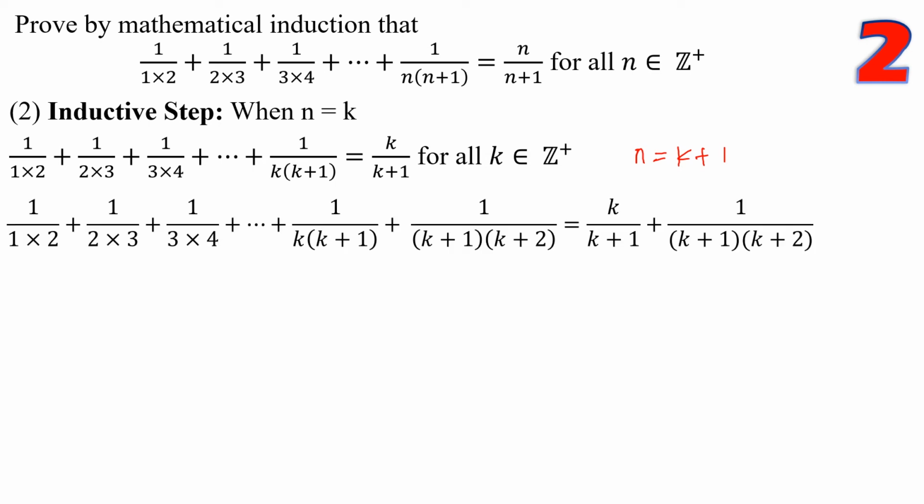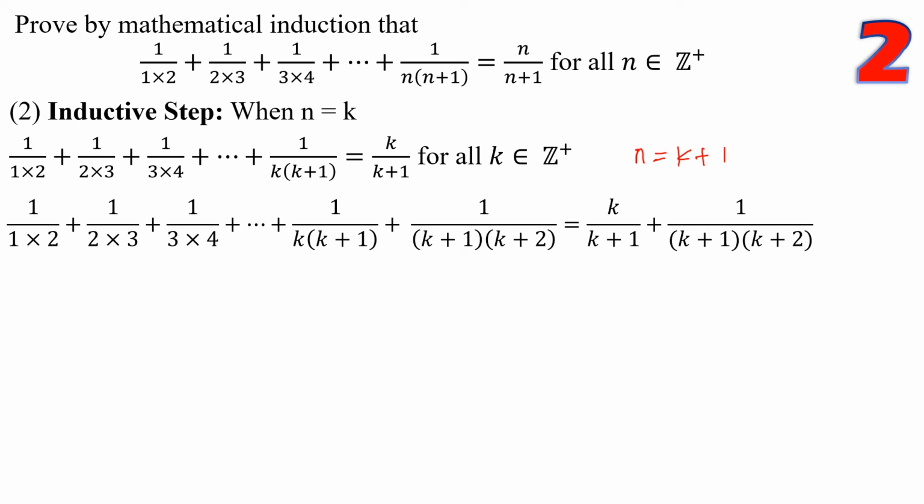So we have 1 over 1 times 2 plus 1 over 2 times 3 plus 1 over 3 times 4 plus ... plus 1 over k times k plus 1, and the next summand 1 over k plus 1 times k plus 2, that is when n is equal to k plus 1. We also add this summand to the right hand side of the equation, so we have k over k plus 1 plus 1 over k plus 1 times k plus 2.